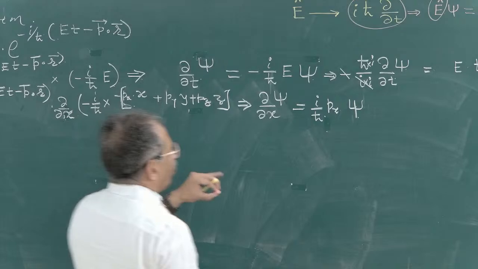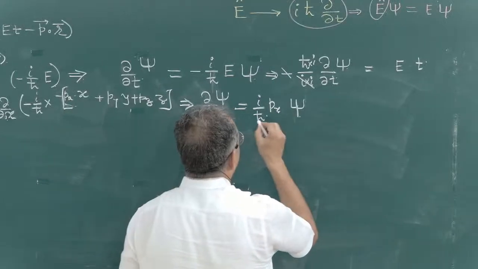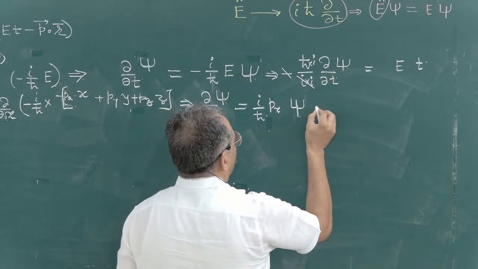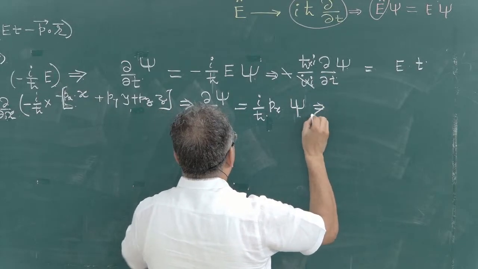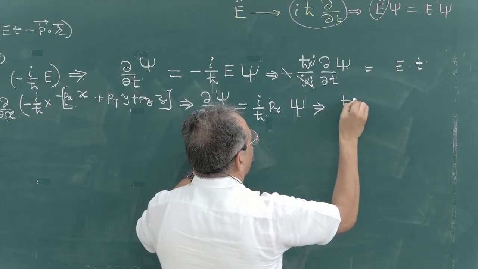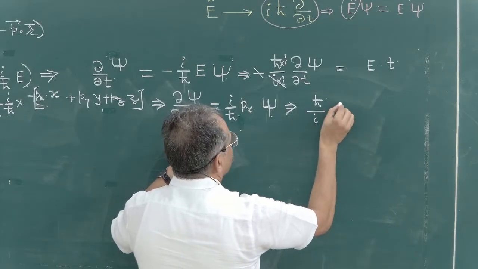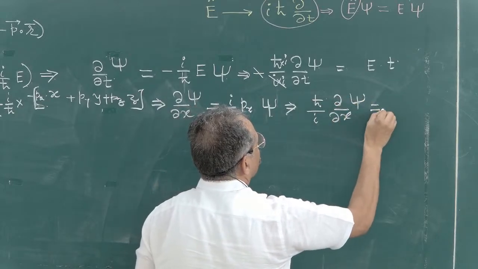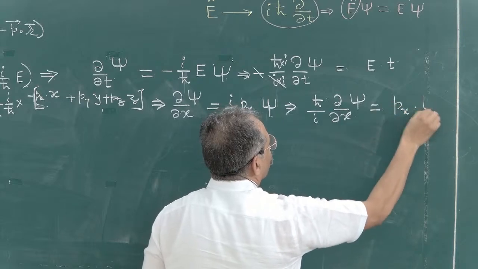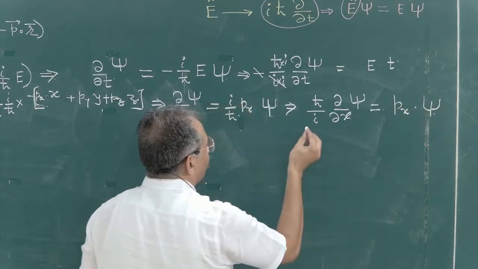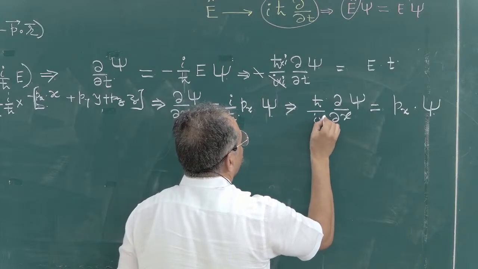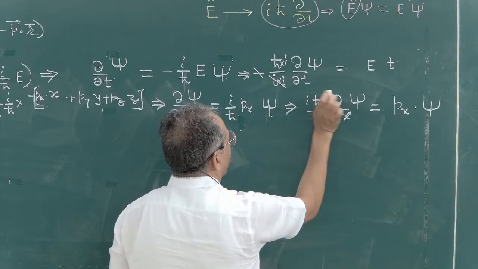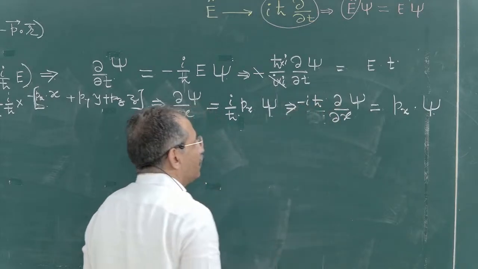Now I further want to rearrange this so that I am multiplying by h cross upon i on both sides, or you can make a kind of adjustment: h cross upon i partial derivative with respect to x operated on psi. This is equal to px into psi. Now I want to multiply numerator and denominator by i. So this i square will be minus 1. So we can write it like this.